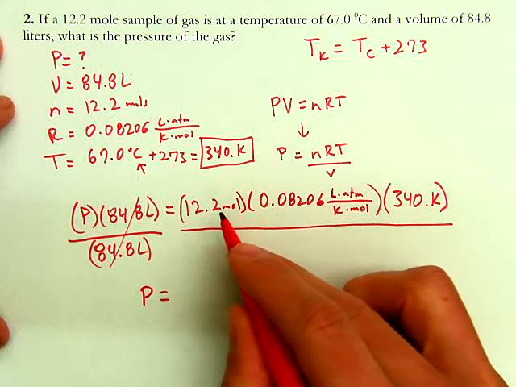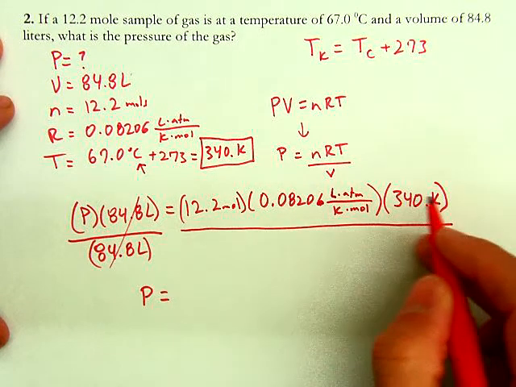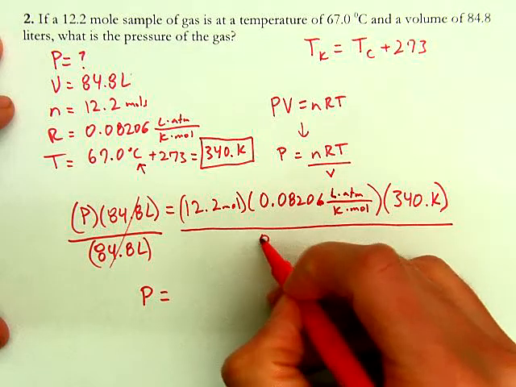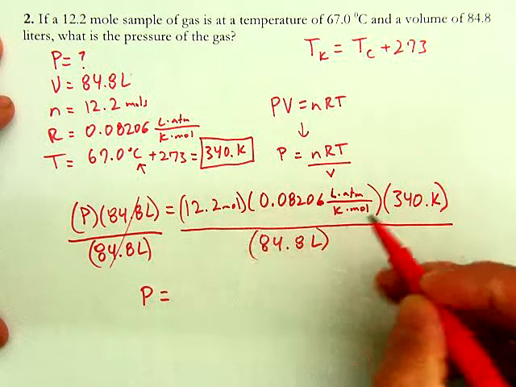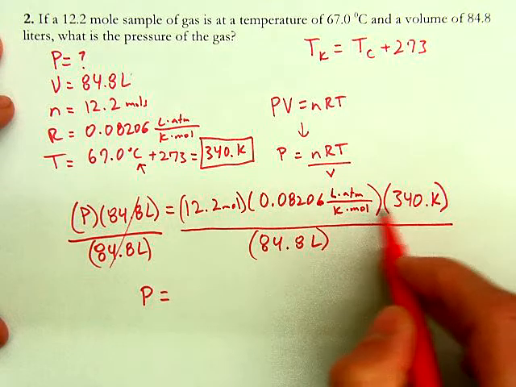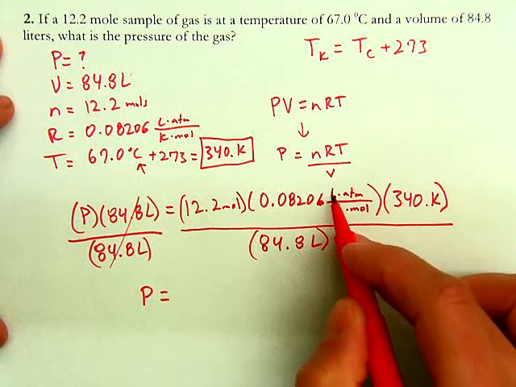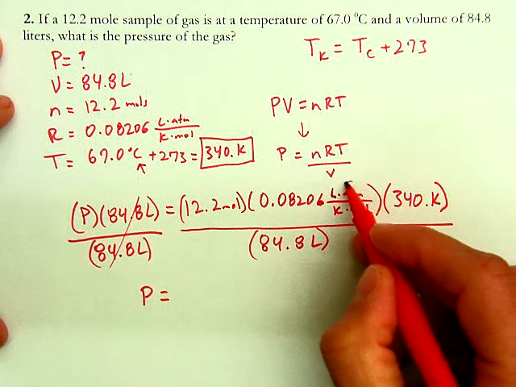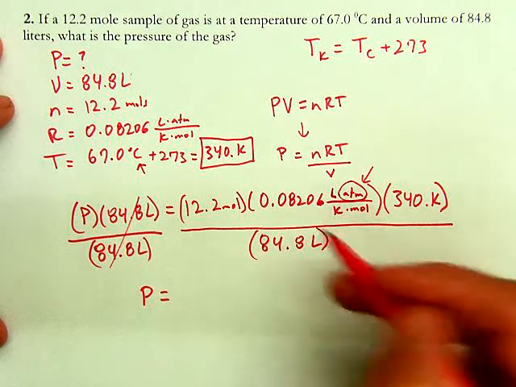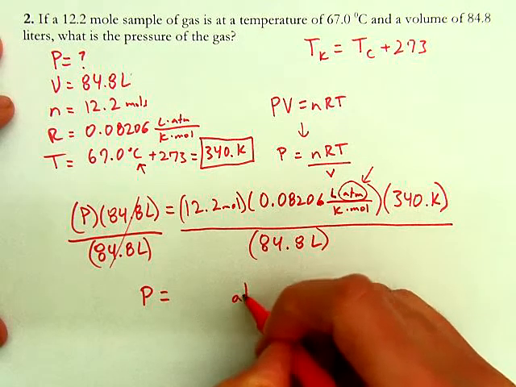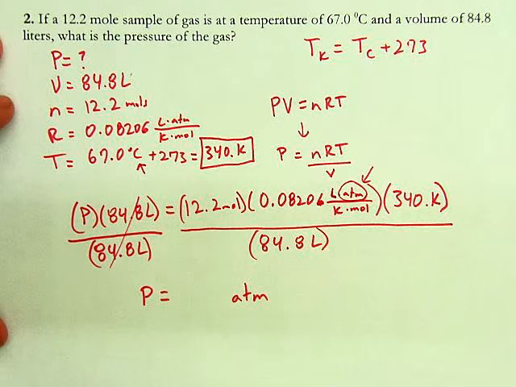So N times R times T gets divided by V, which is 84.8 liters. Again, moles will cancel, Kelvin will cancel, liters will cancel, and the only unit that will be left is ATM, which is our unit of pressure.